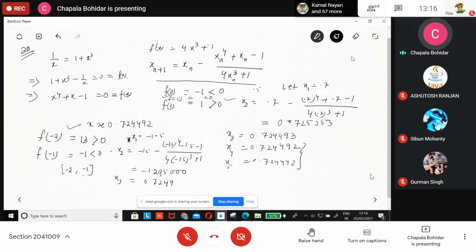Same value I am getting. Yes, it is 49. After that 00. 7249 and after that it is 00.